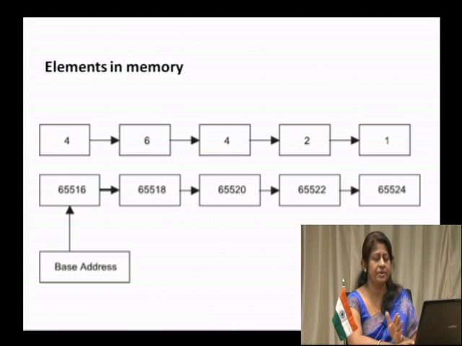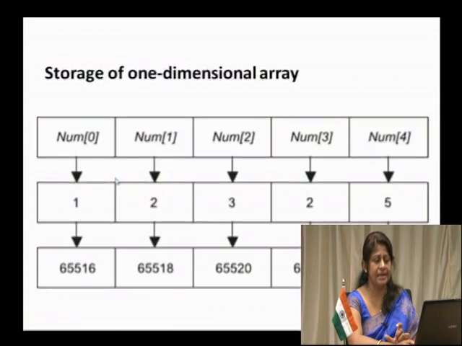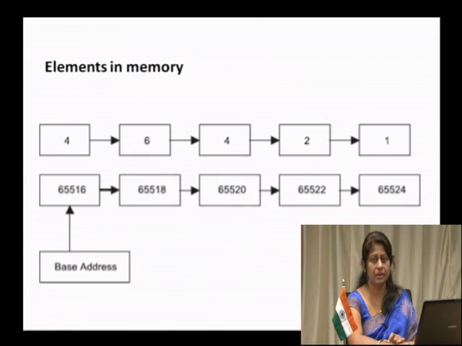For the integer data type, as I told you, it would take 2 bytes of memory locations. The next address would be 65518, which would be allocated for the second array element. And the starting address of the array is also called the base address. So, as I told you, the base address could be accessed by calling only the array name.